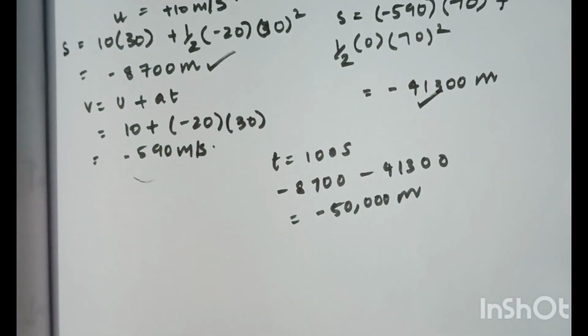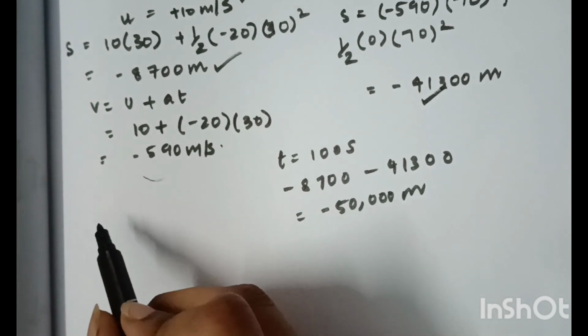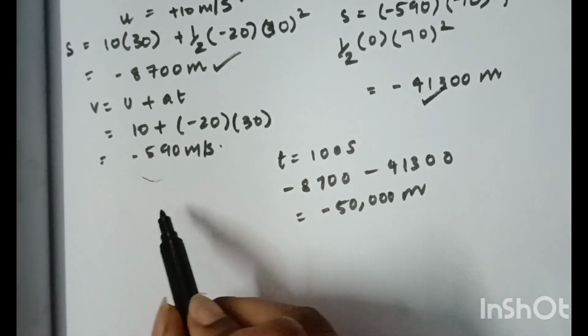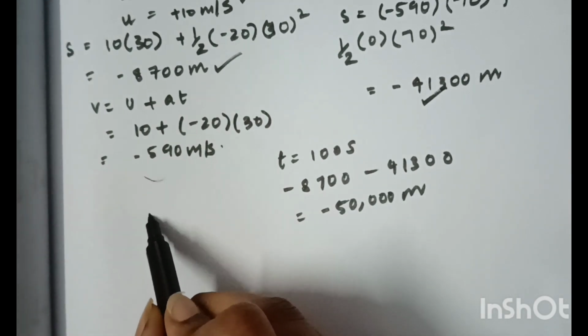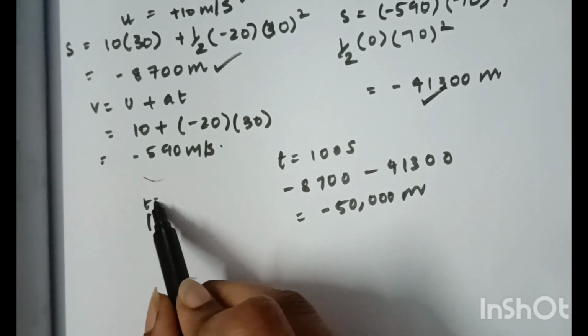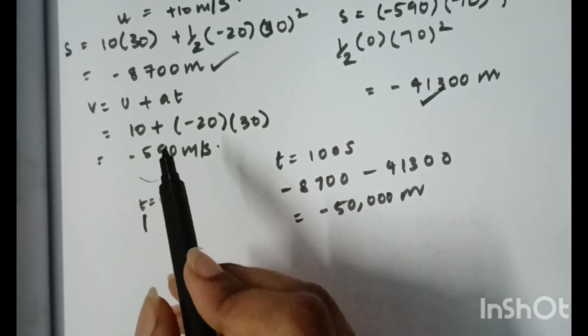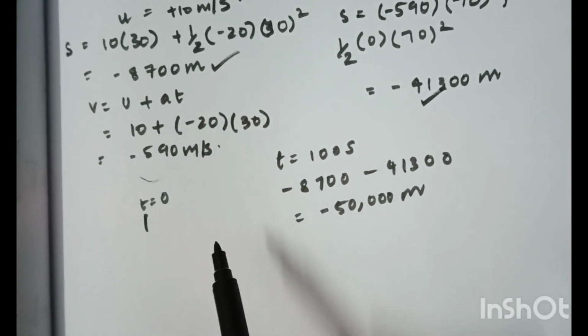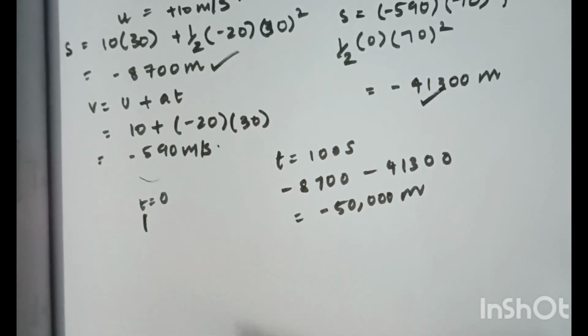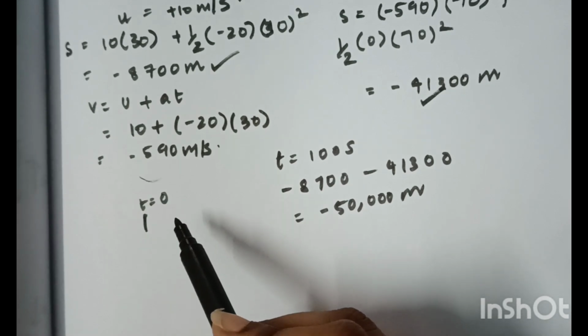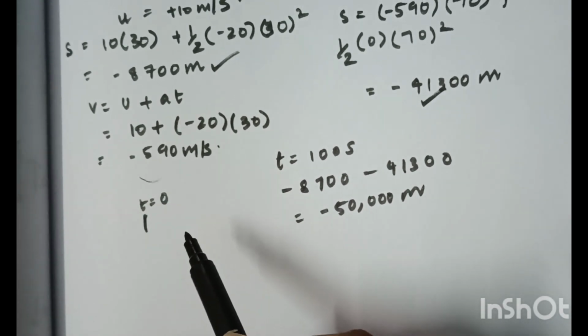Let us see why we are adding these two things. Suppose the body is starting here at t equals 0. Now we are applying a retardation. Retardation is 20 meter per second square.